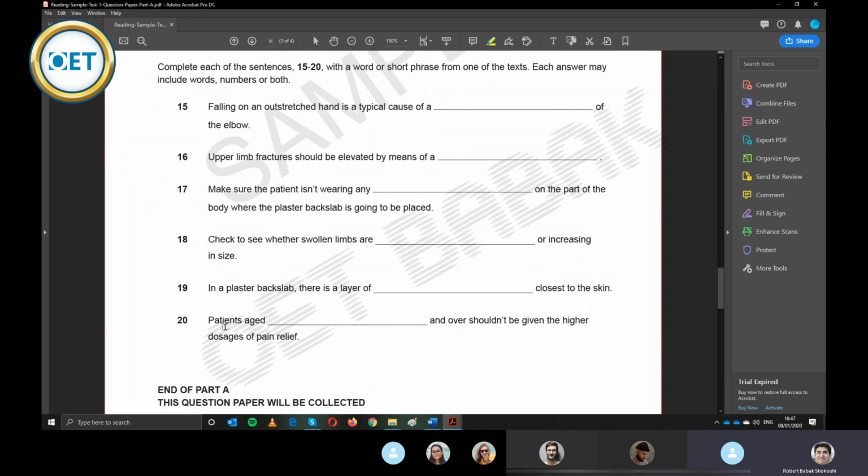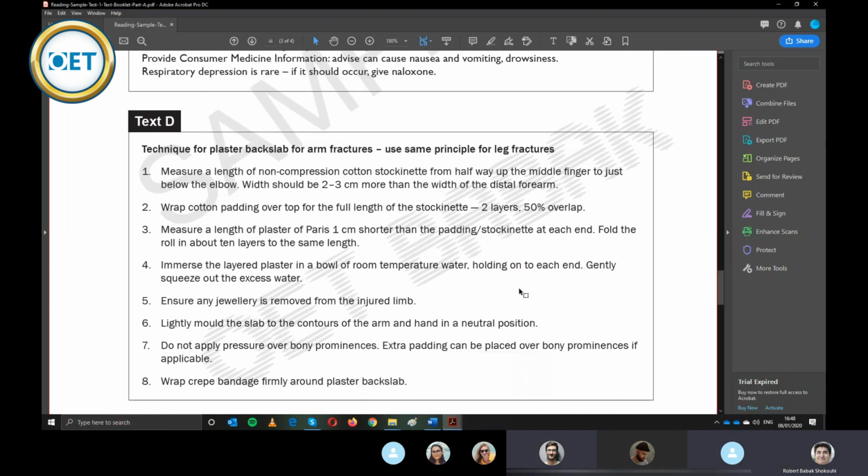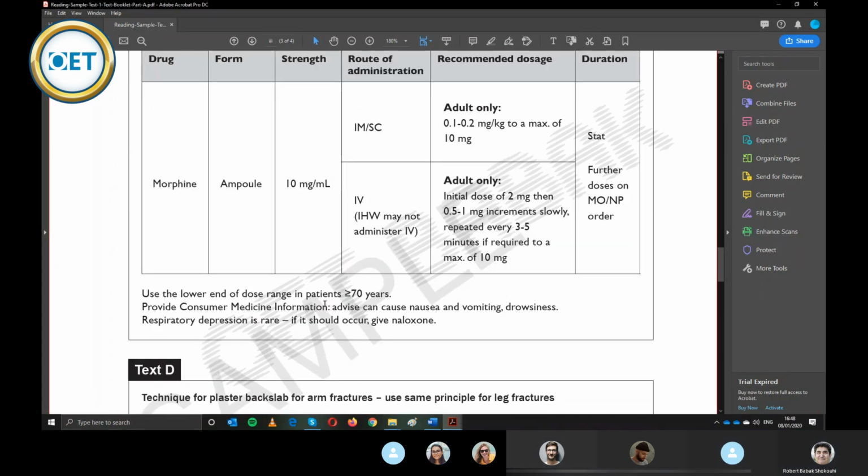Patients aged what and over shouldn't be given the higher dosage of pain relief. So dosage, where should I go? Management, dosage, C. I think 70. Yes, under the table. So this is 70.